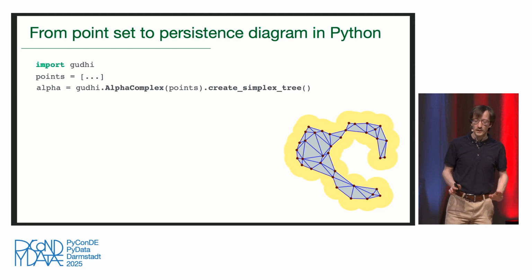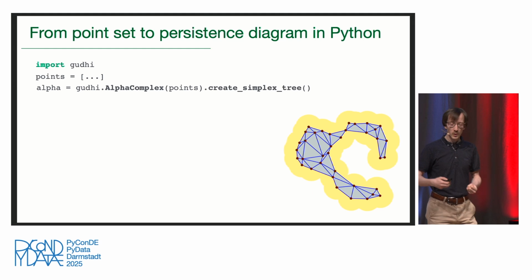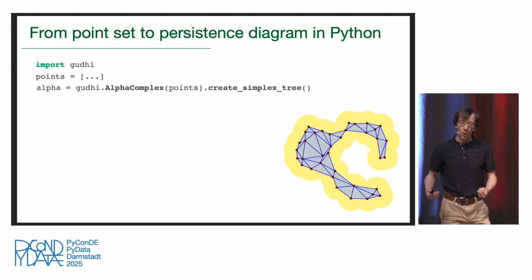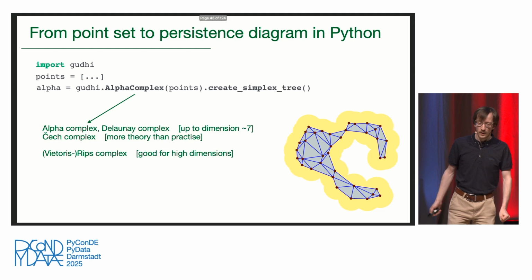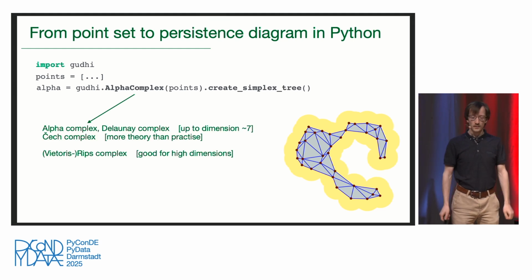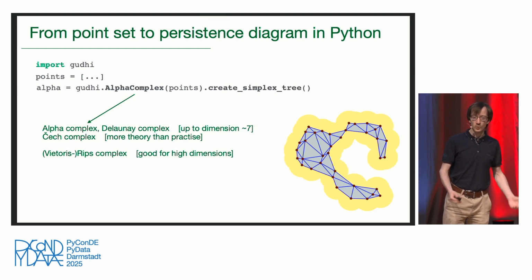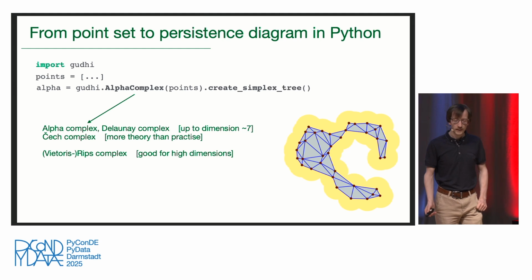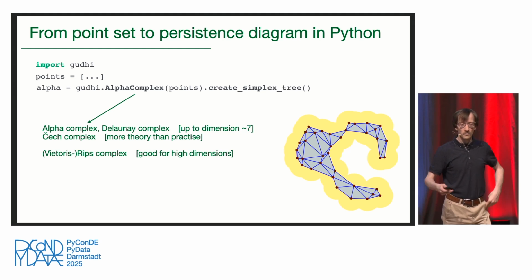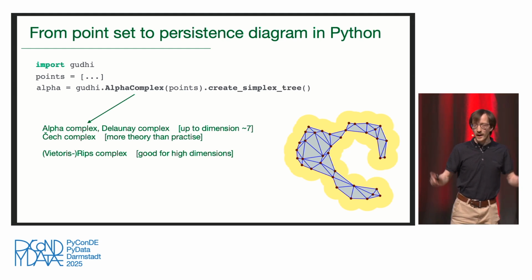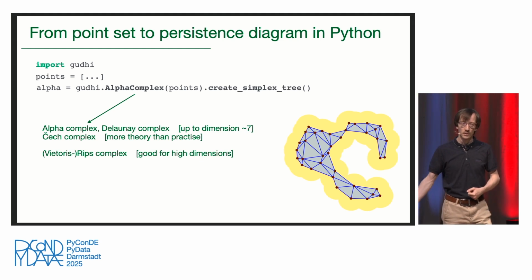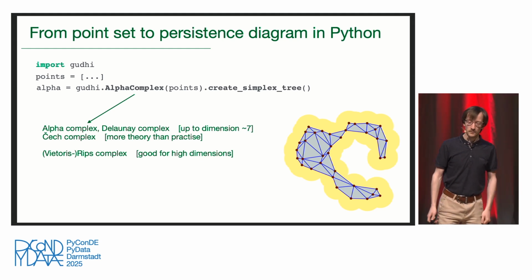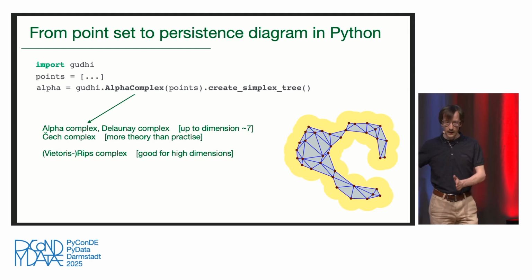What's important is that what happens now is we build some discrete structure over the points that's then used for the further computations. This alpha complex is a buzzword you might see a lot if you Google about topological data analysis. There are many different options of what kind of complex you use. So the particular discretization of your situation can change things at the end.